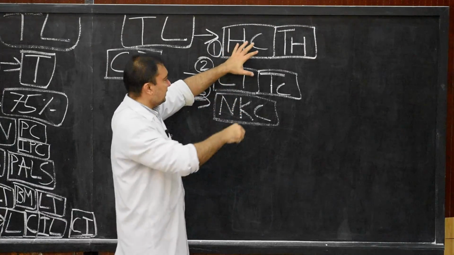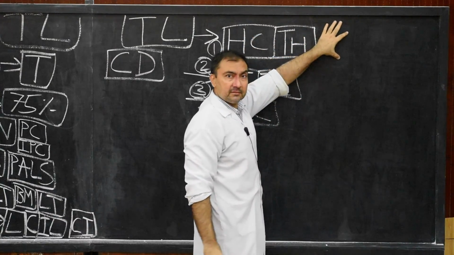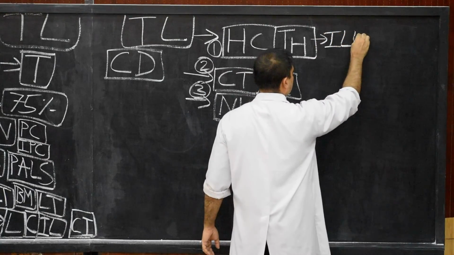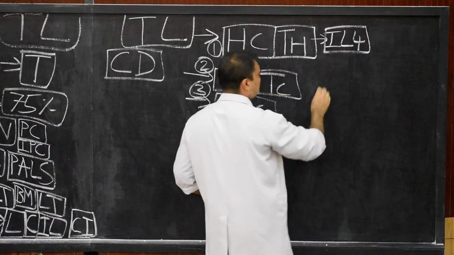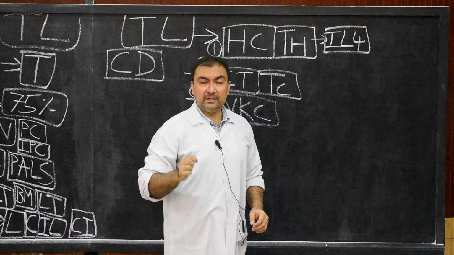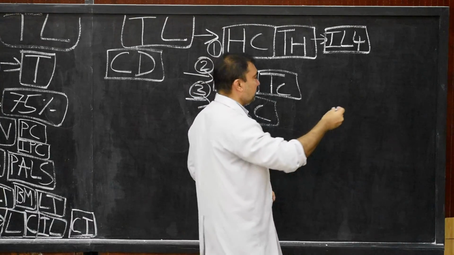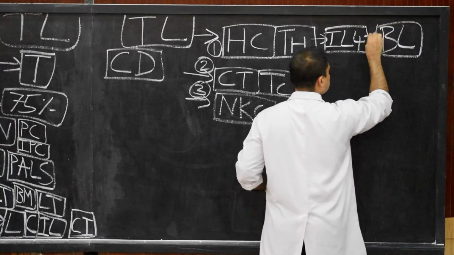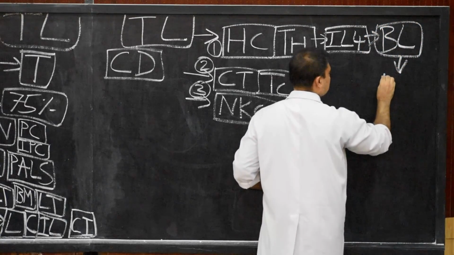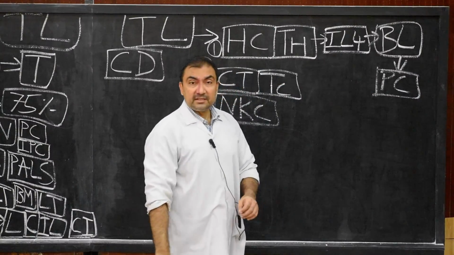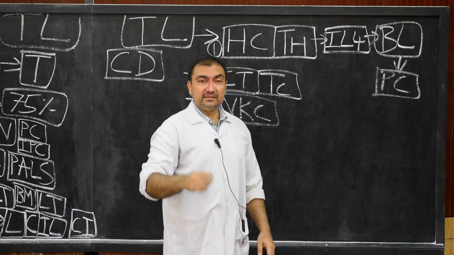So if I draw here, IL-4: if the helper T lymphocytes form IL-4, then it will lead to the stimulation of B lymphocytes, and these B lymphocytes will then stimulate the plasma cells for their further secretion.